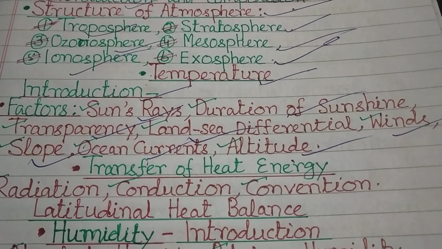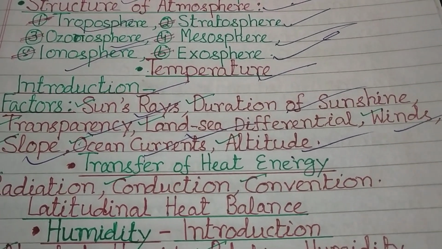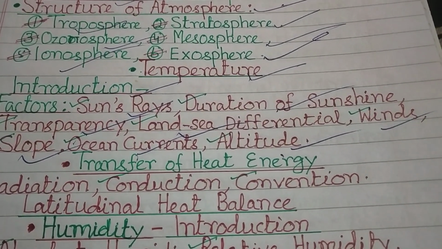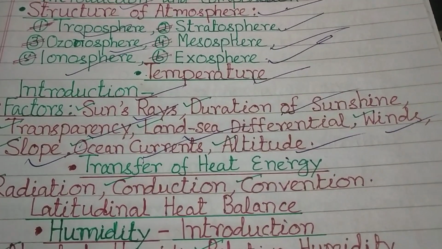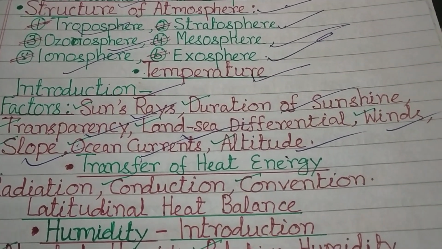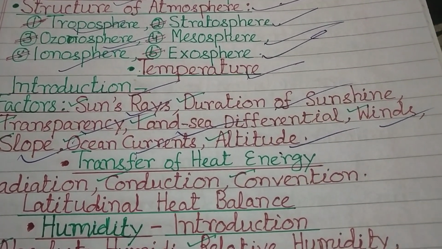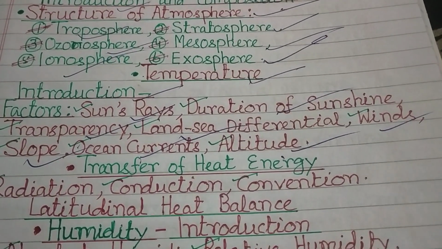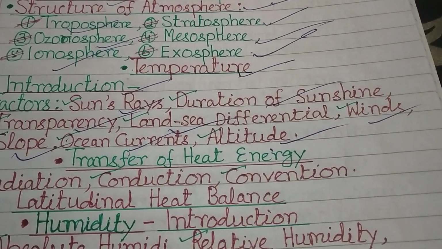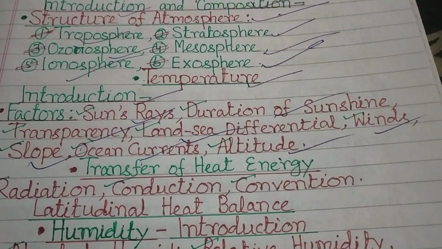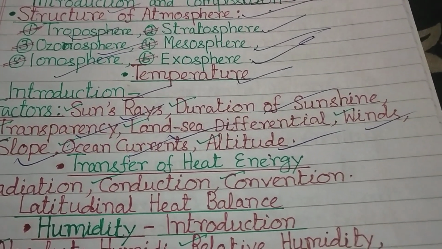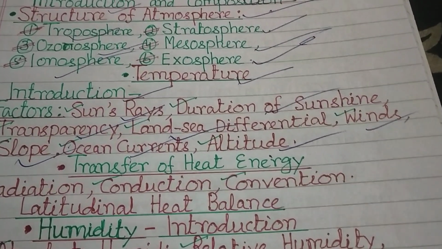Now we'll go to the next important factor, that is land-sea differential. The temperature of the air resting over a landmass differs markedly from that of the air resting over an expanse of water in the same latitude. Reflection is more by land than by sea.